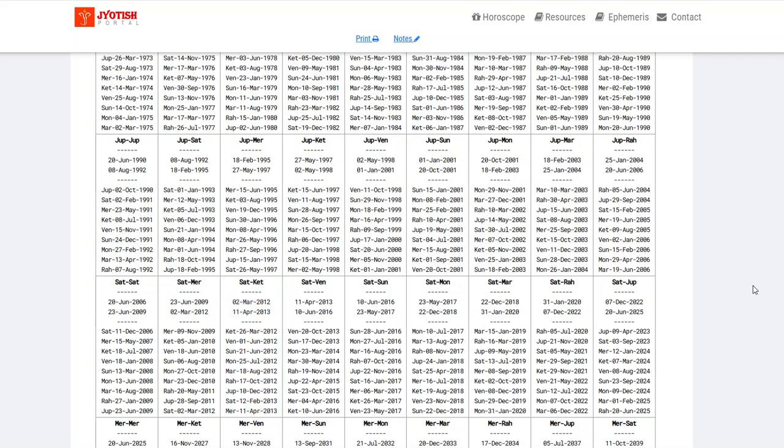But this is how you can map the entire dasha, antar and pratyantar. Even if you don't know what's going to happen, you can just identify the dasha, antar and pratyantar and let the person know that these are important periods in their life and something might happen.